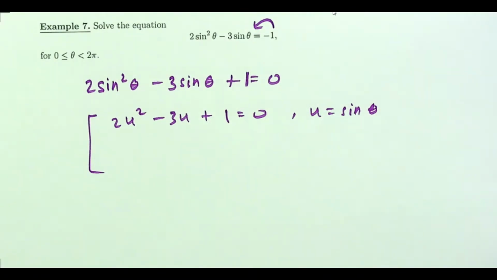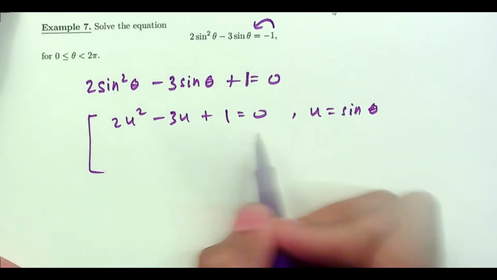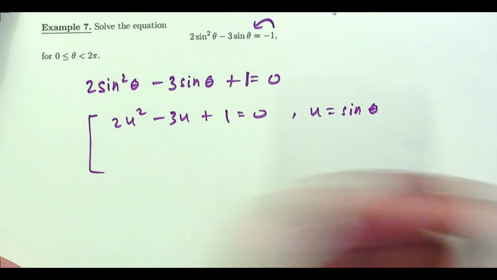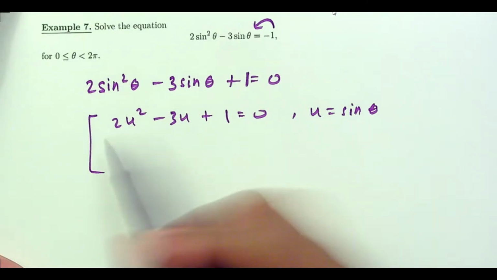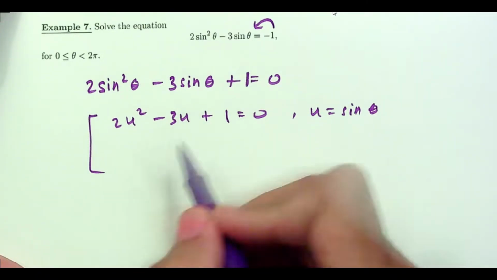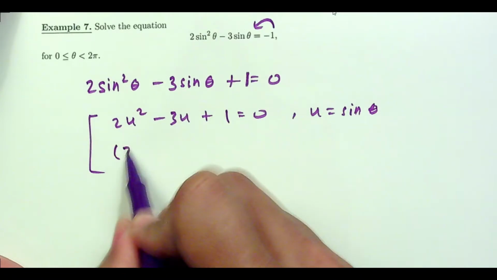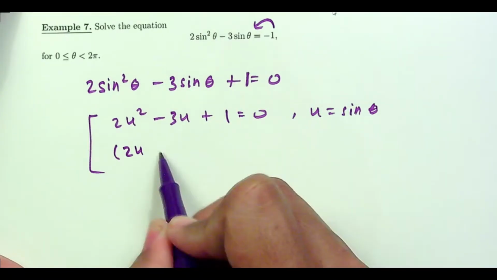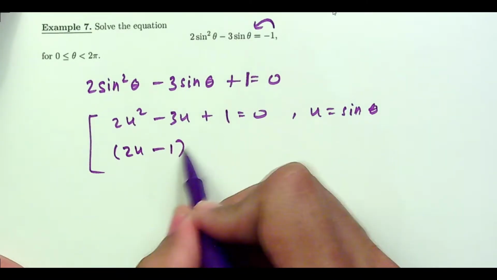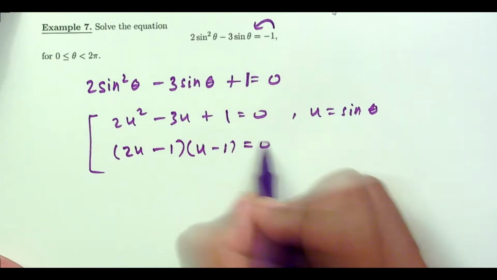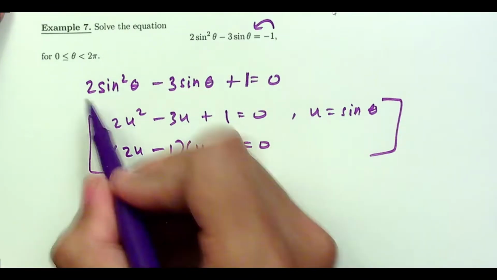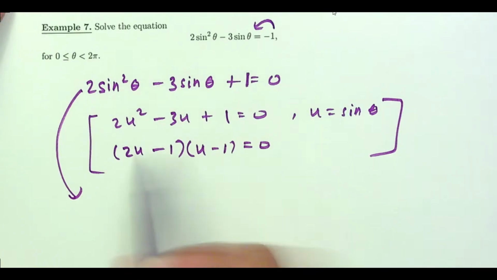Okay, I replaced the sine with u in order to make it easier to work with, but it's not really necessary. Now that I have it like this, it's easier for me to think about how to factor it. Just take your time and factor it. This factors as 2u minus 1, u minus 1.